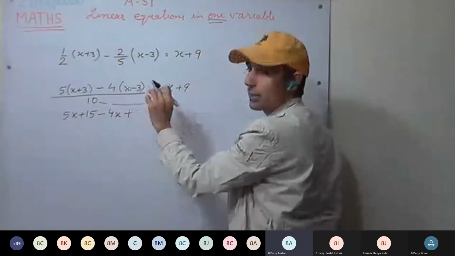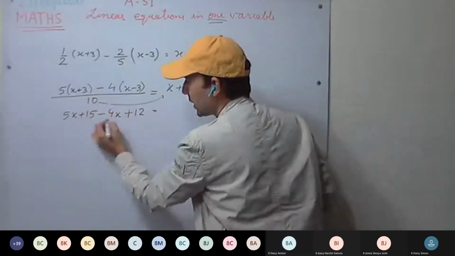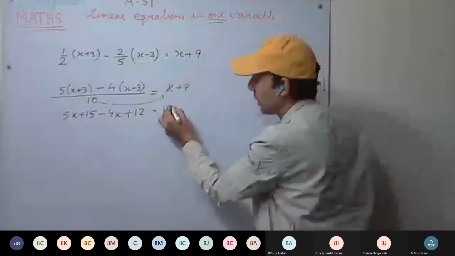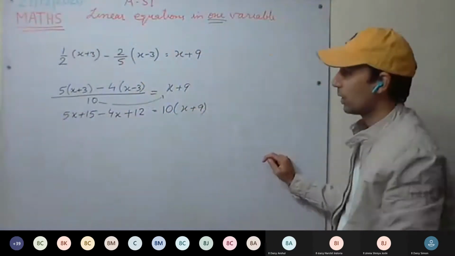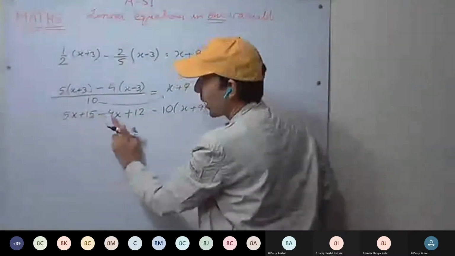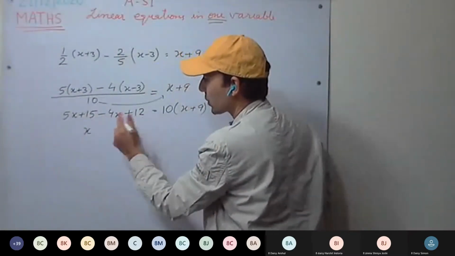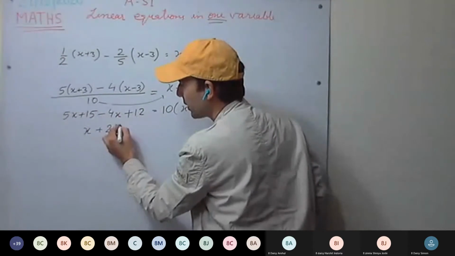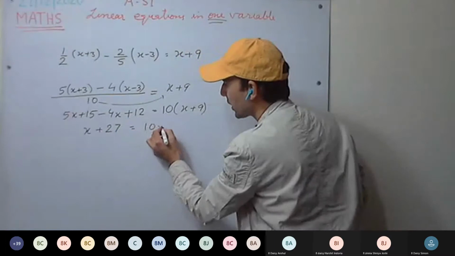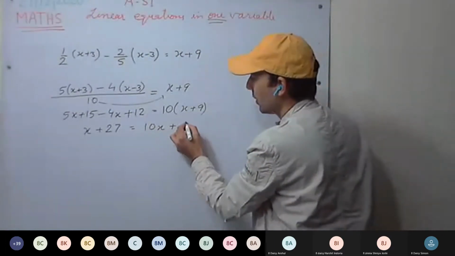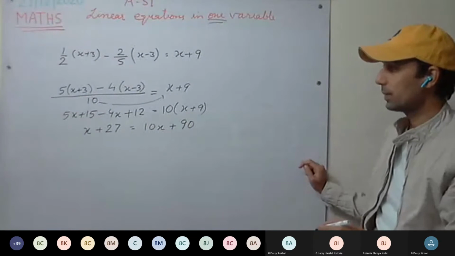Minus 4 into minus 3 we are doing, so minus minus plus 12. And 10, either you can write here or you can transfer this side. 10 into x plus 9. Solve this one. 5x minus 4x is x. Plus 15 plus 12, how much? 27. Equal to 10x plus 90. Understood this one?